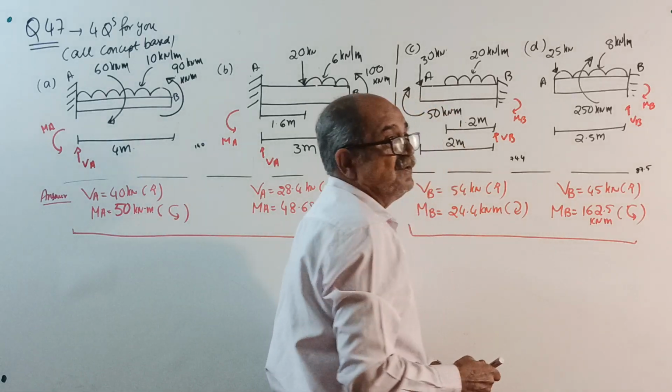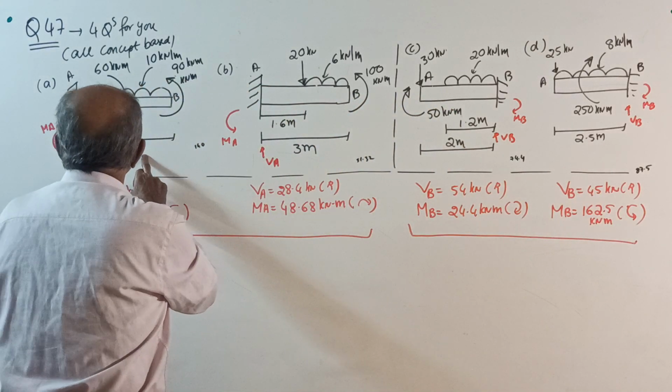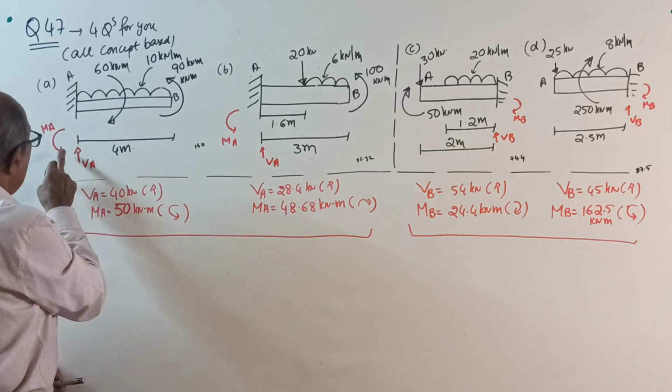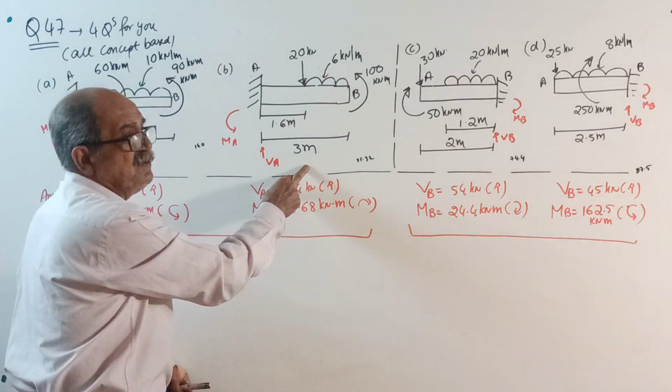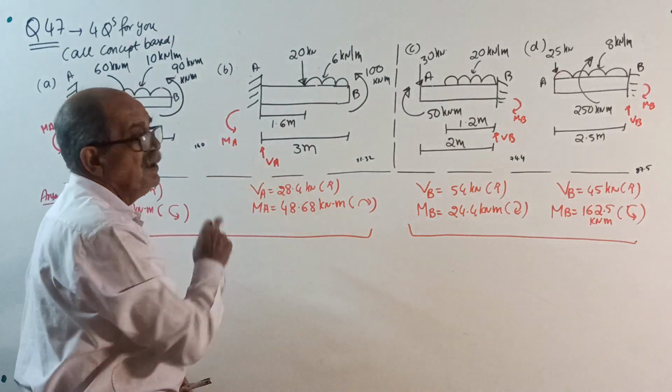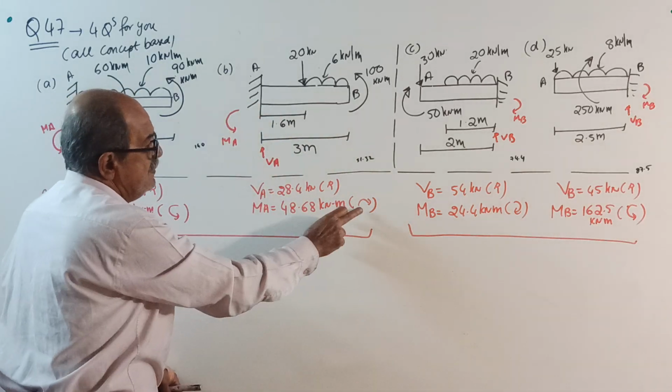Now, they don't have to worry about the principle. When they solve here, both VA and MA will come positive, meaning the assumed direction is correct. In this question, MA will come negative, meaning we assumed anti-clockwise, negative came, therefore clockwise.